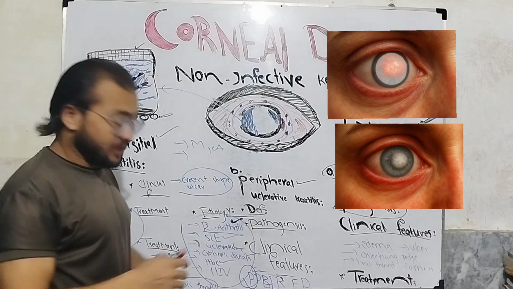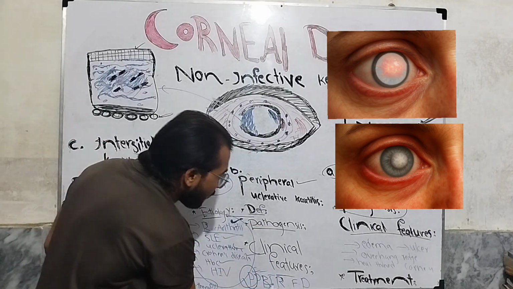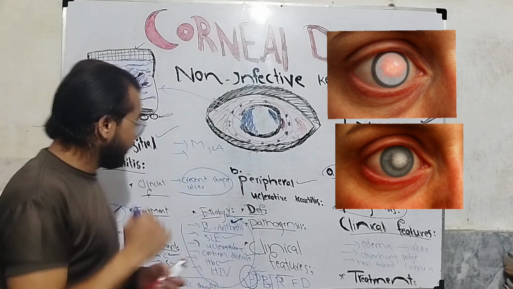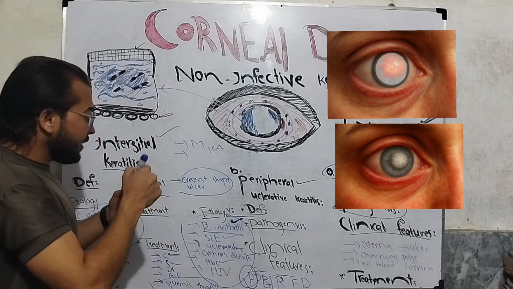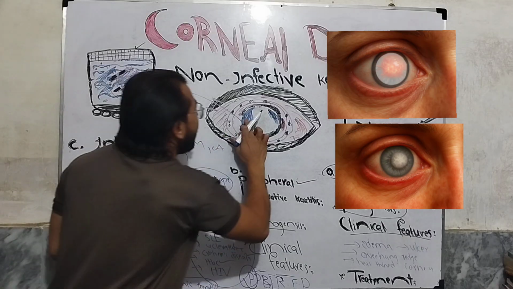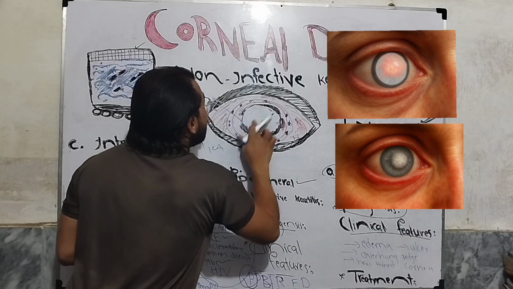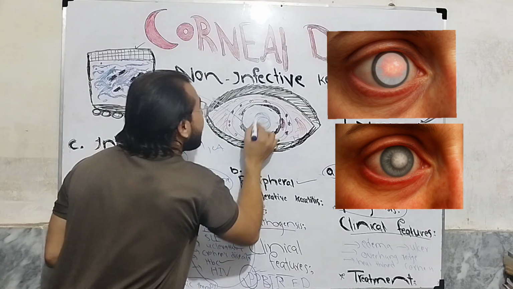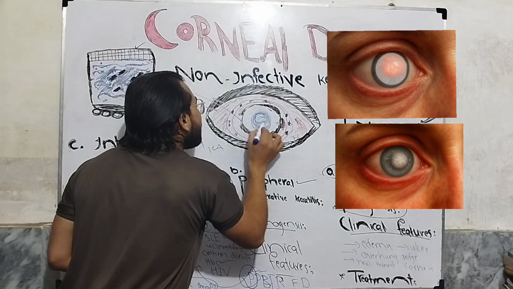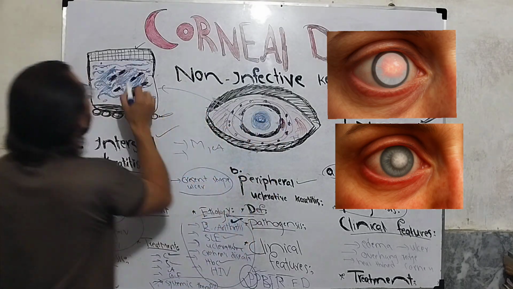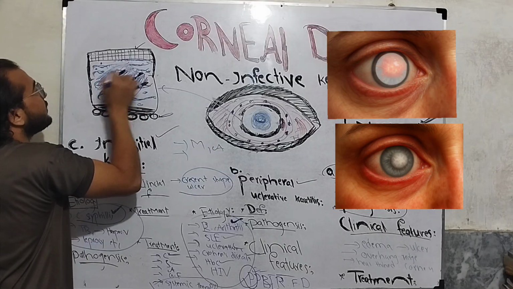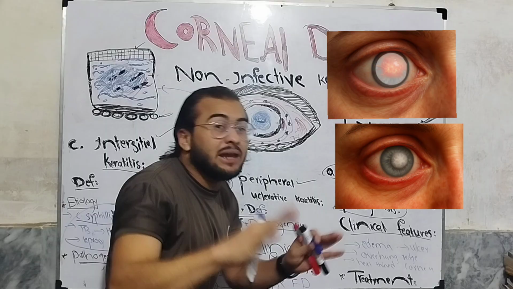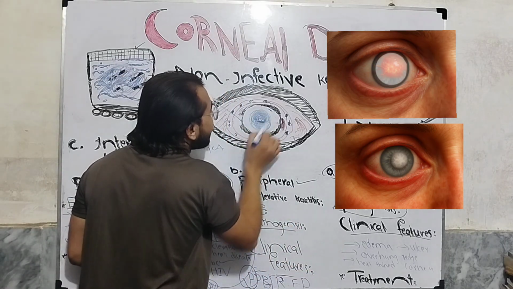The clinical features are the common ones: pain, photophobia, blurred vision, lacrimation, redness, foreign body sensation and discharge. And there will be the edema mainly in the center of the cornea. This central corneal edema will basically block the visual axis.